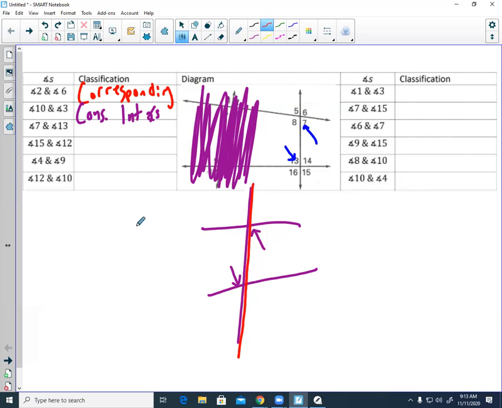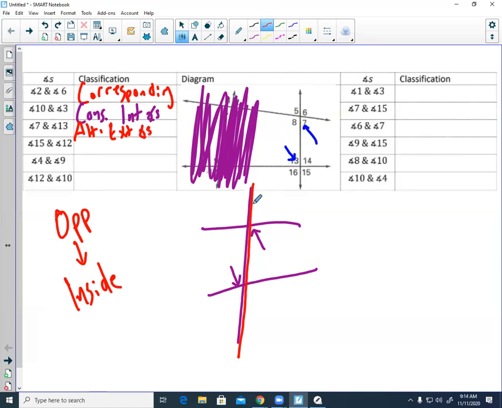If they're on opposite sides of the transversal, that means that they could be alternate. So opposite. Now I take my hands, top line, bottom line, smush them together. Do the arrows get touched by both lines if I go like this? Yes, they do. So that means they're inside. Opposite and then inside means alternate exterior angles.